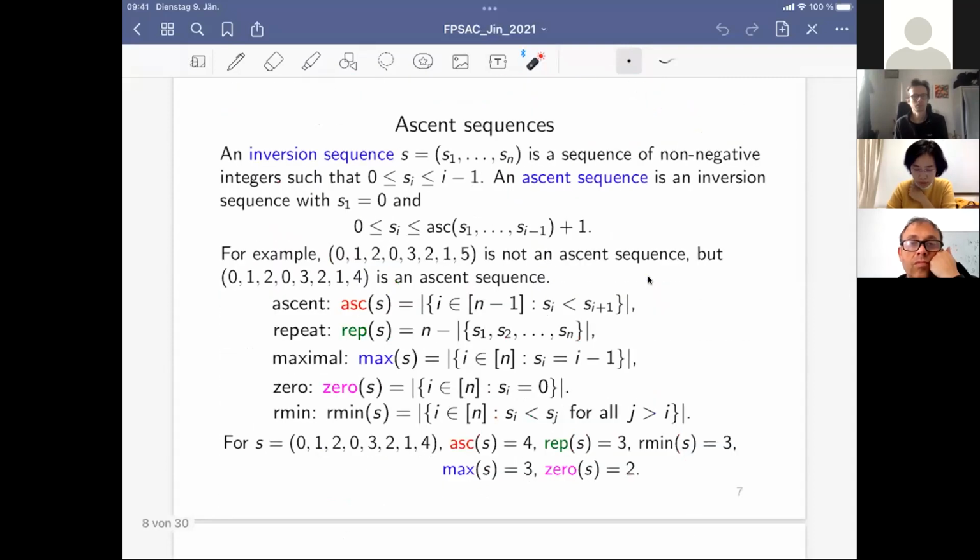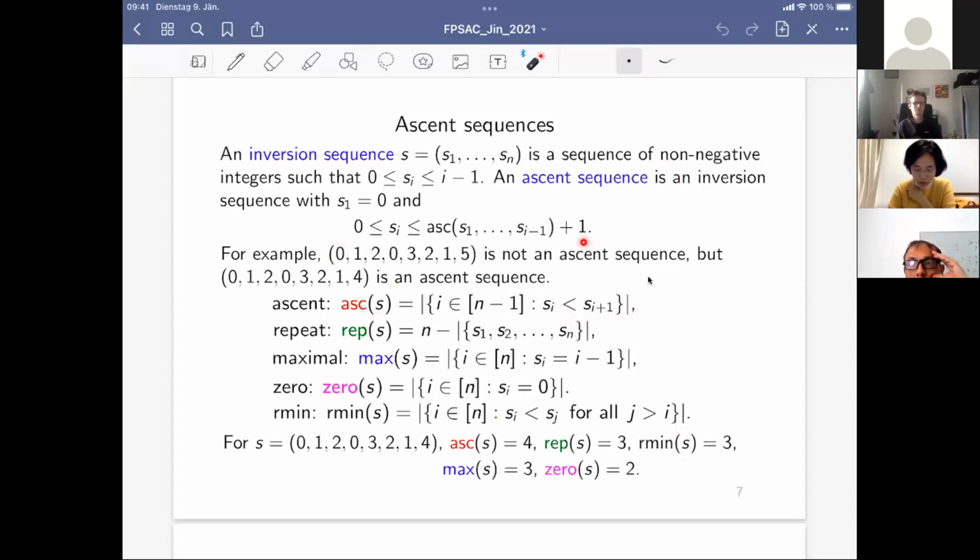So what is an ascent sequence? It is a sequence of non-negative integers such that s_1 equals 0 and s_i is at least 0 and less than or equal to the number of ascents prior to s_i plus 1. Ascent is a statistic. It counts the number of integers i such that s_i is less than s_{i+1}.